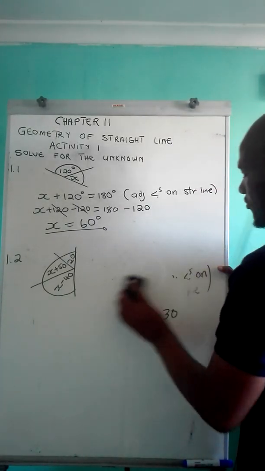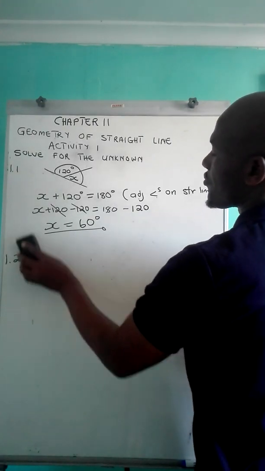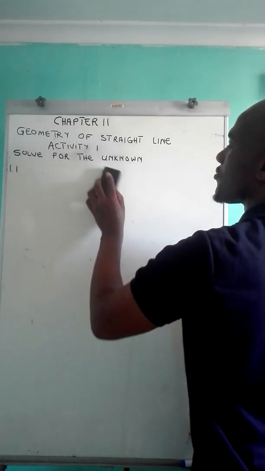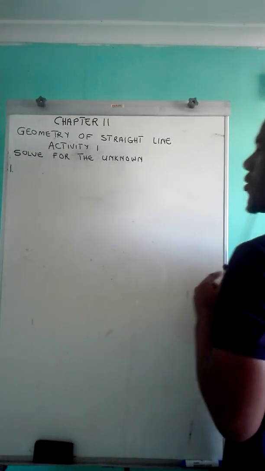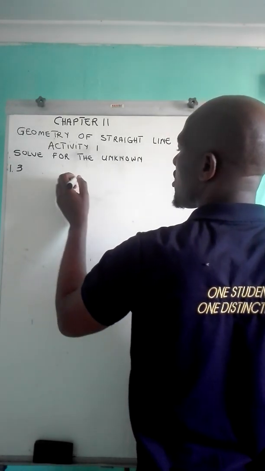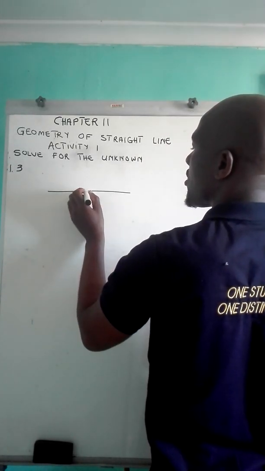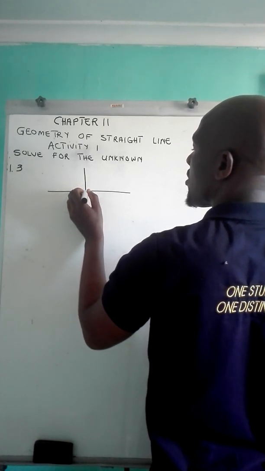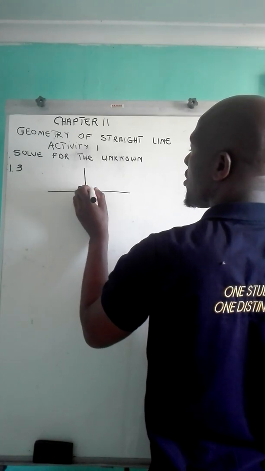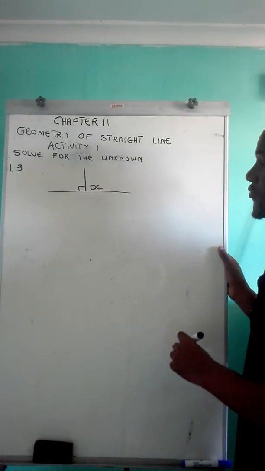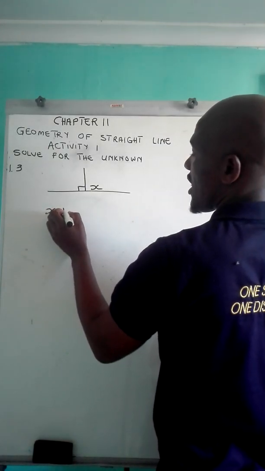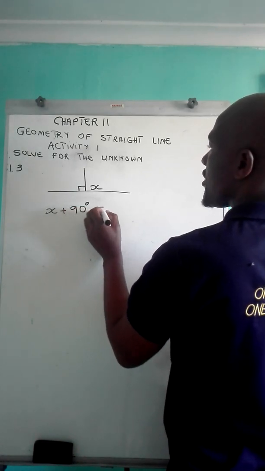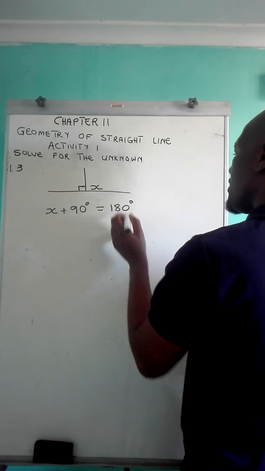1.3. x. This is x plus, this always means 90, plus 90 equals 180 degrees.